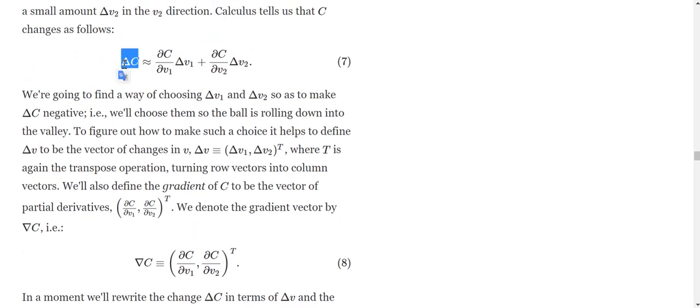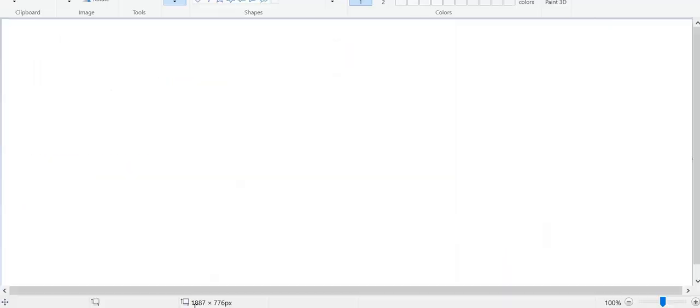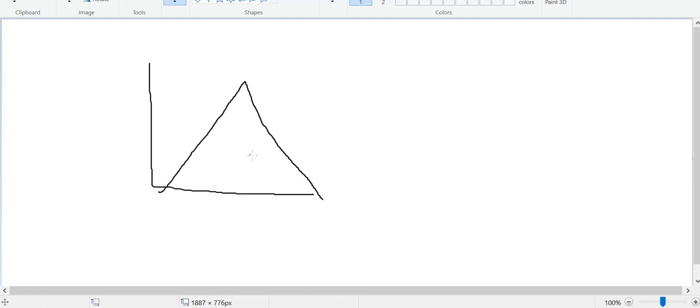So when delta C is negative, it just means that the slope is negative, and a negative slope, if you've worked with tangents, you can sort of visualize that it would be a graph in such a fashion. So let me just draw. If you have a peak like this, the slope in this region is positive and the slope in this region is negative.